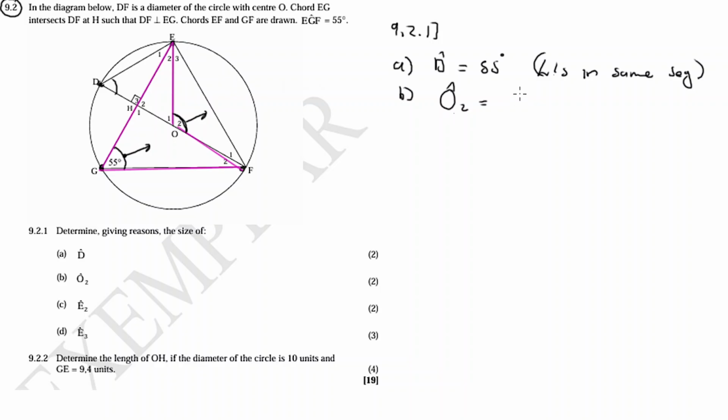So O2 is 2 times 55 degrees, because the angle at center equals 2 times the angle at circumference. What is 2 times 55? 110 degrees. So this is the answer, 110 degrees.